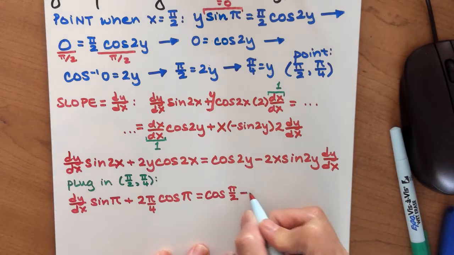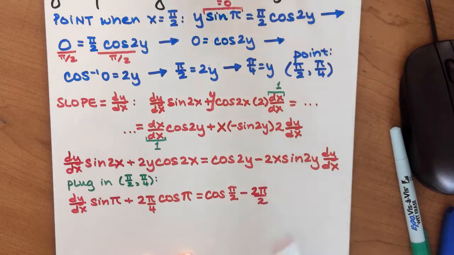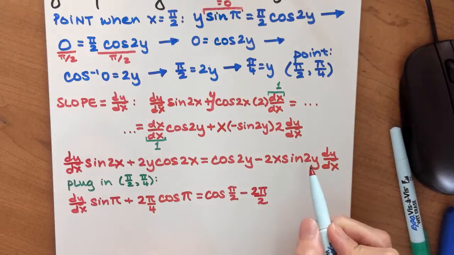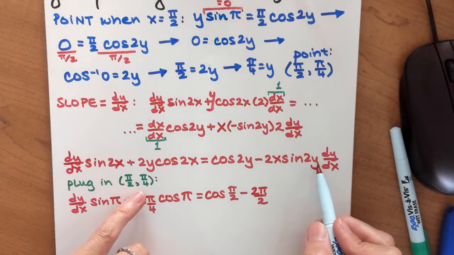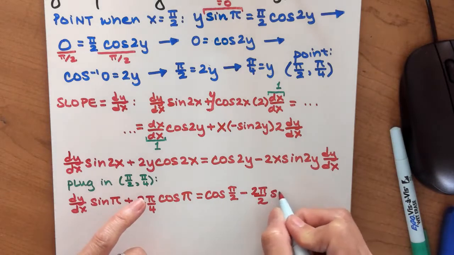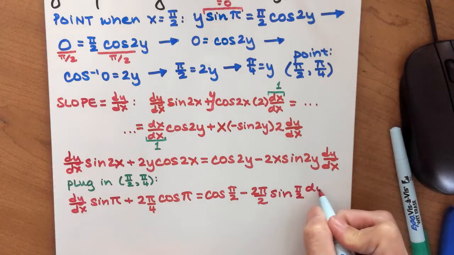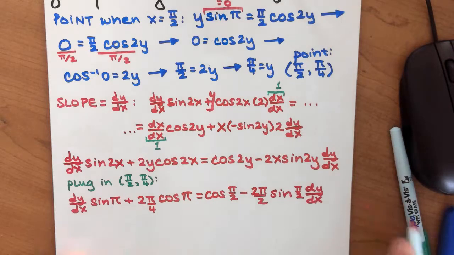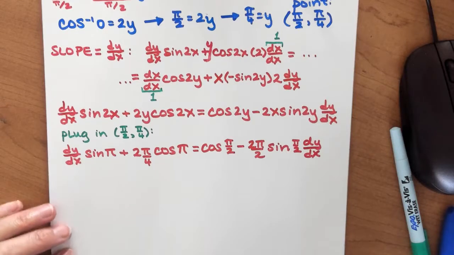Well, that's going to give me minus 2 times pi over 2, or pi. And then the sine of 2 times pi over 4 is the sine of pi over 2, and then I have a dy dx.